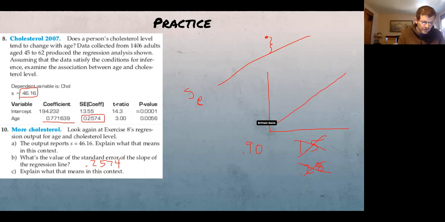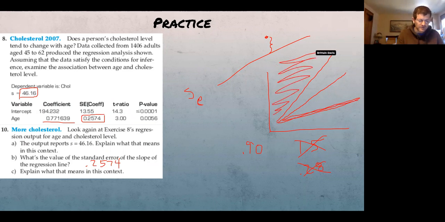So a change to a one slope would look like this. Actually, I'll do it all from the starting point. So if our slope looked like this, down to about this right here, that wouldn't be unexpected. But this right here, we wouldn't expect our slope to fall in this range at all.